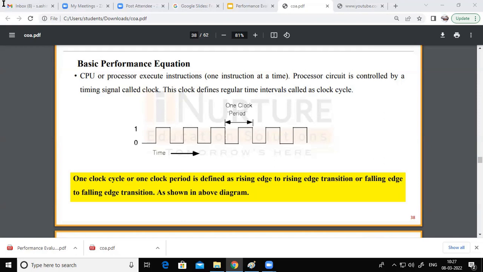We'll talk about multiprocessing also, but let's start from a very basic level. The processor circuit is controlled by a timing signal known as a clock. First of all, we'll see what one clock period is.